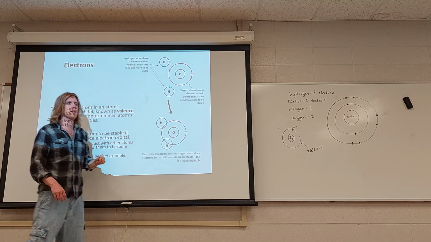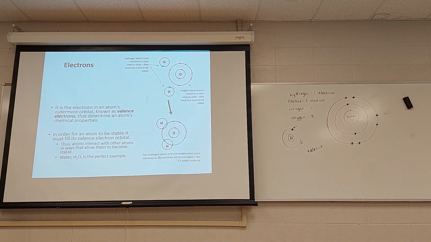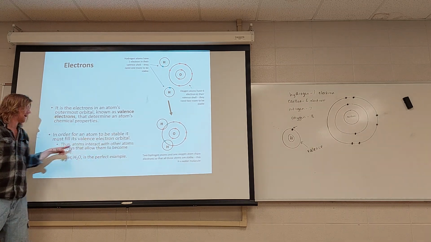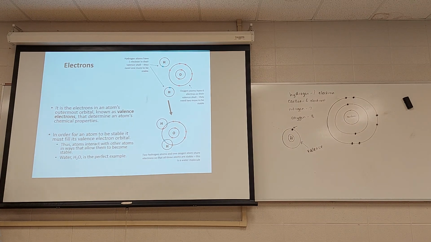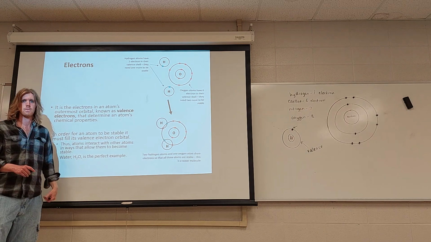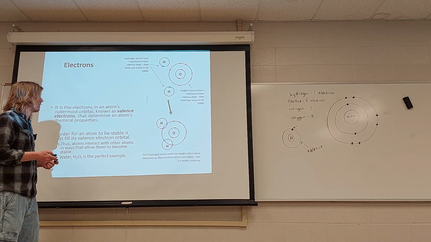Hydrogen, it's still just that first one. And ultimately, those are the ones that interact, the valence electrons. And again, in order to get stable, an atom's got to fill the valence orbital. And that's why atoms interact the way that they do. It's all about becoming stable with the electrons in that last orbital.